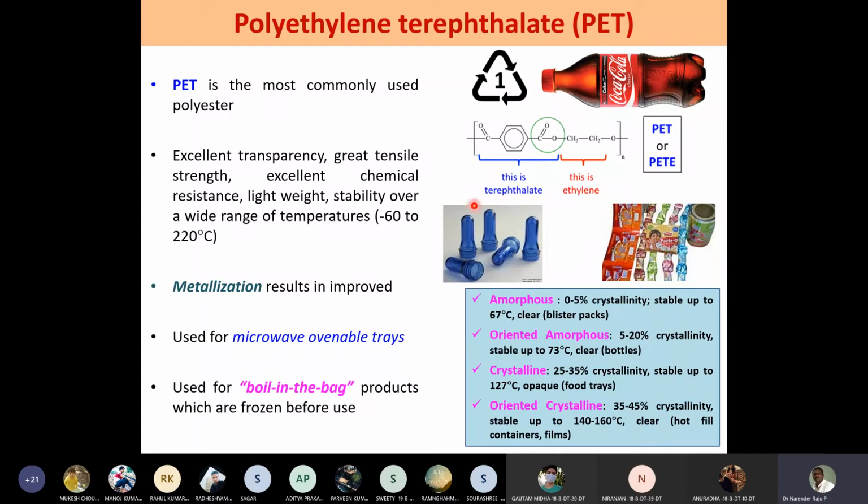So most of the intermediate packaging material manufacturers get these preforms from big suppliers and convert them into different shapes and forms as per the requirement.